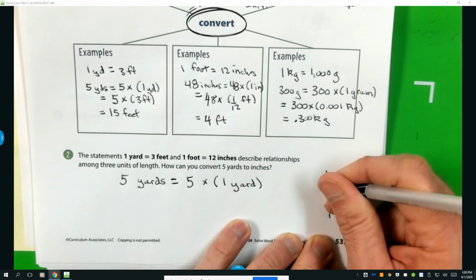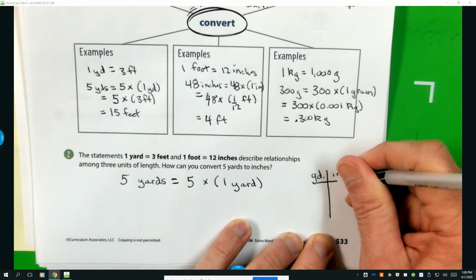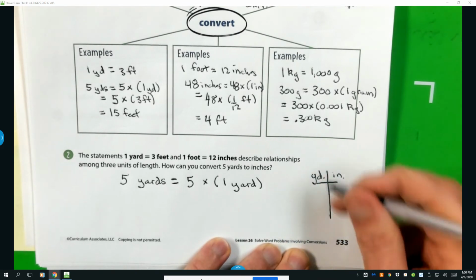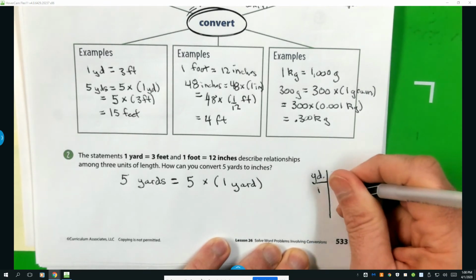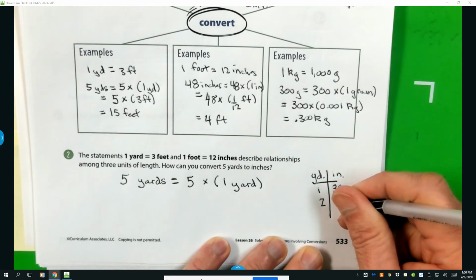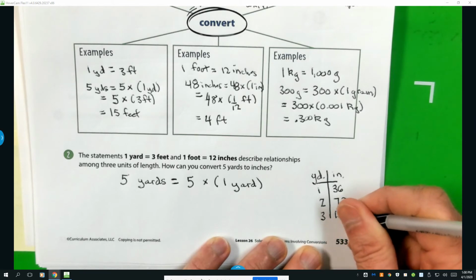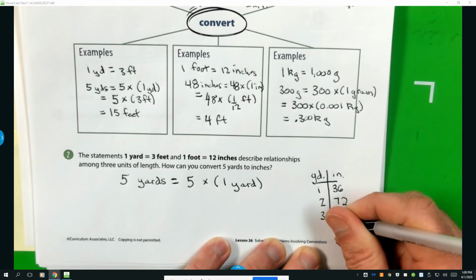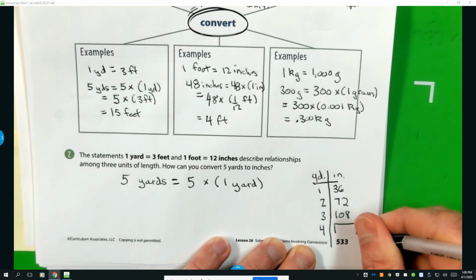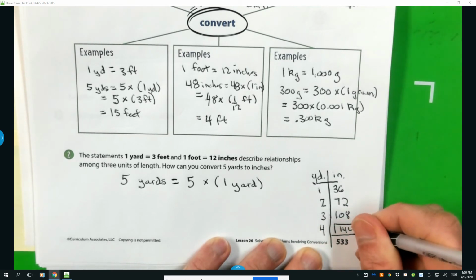So we can go right here. We have yards, we have inches. Okay? 1 yard, 36 inches. 2 yards, 72. 3 yards, 108. 4 yards, what's that going to be? 36 plus 108, 144.